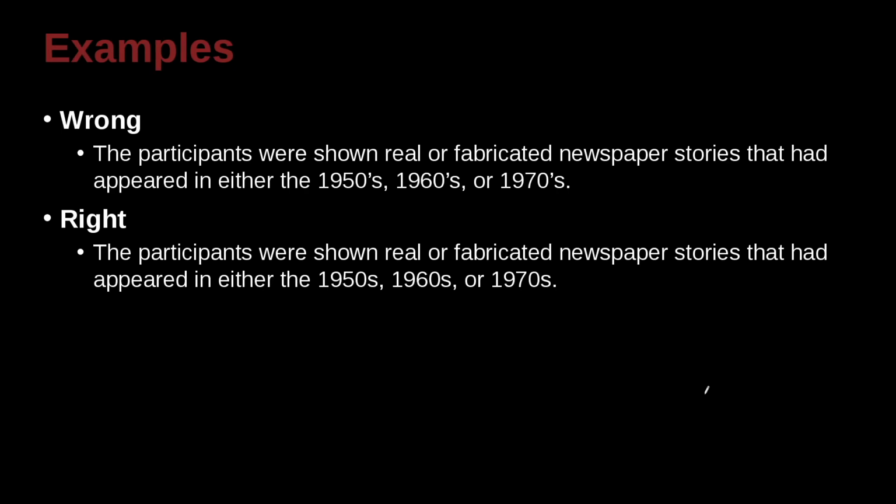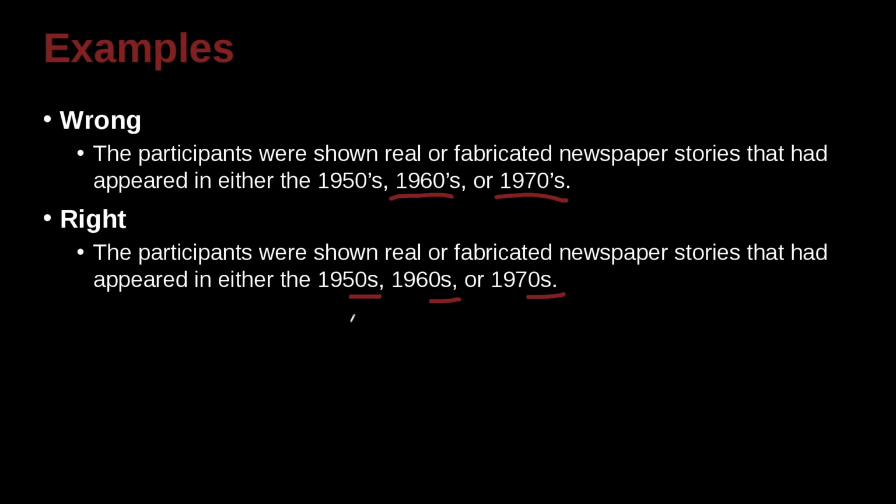The participants were shown real or fabricated newspaper stories that had appeared in either the 1950s, 1960s, 1970s. Now this is something that confuses me a lot, that's for sure. It's easy to forget because you do see people use this way often. But the APA recommends that you do not include the apostrophe, you simply add the S. Now, why the S?